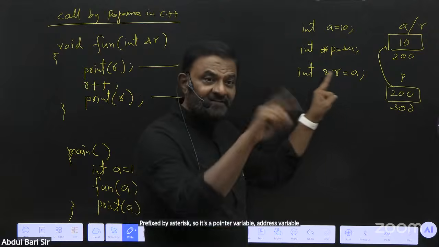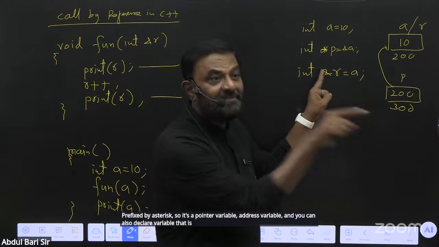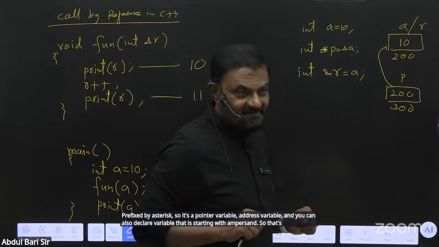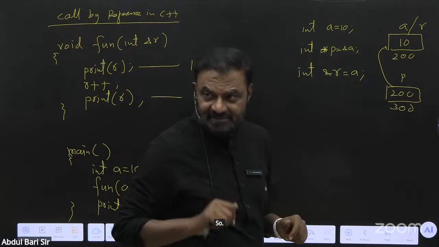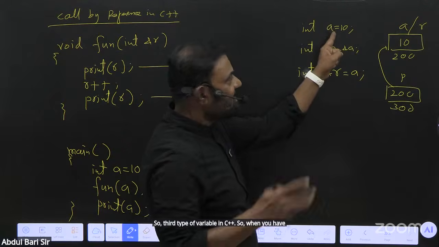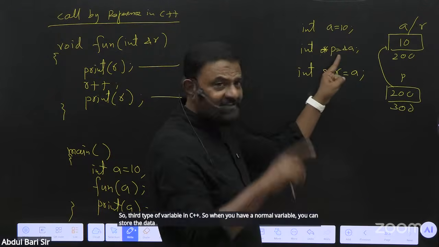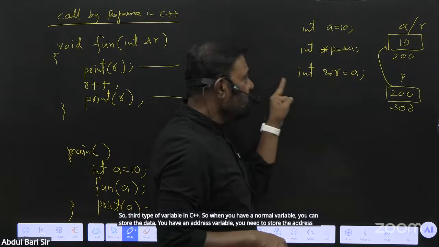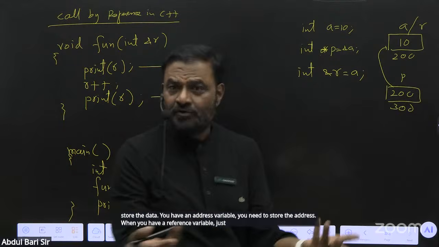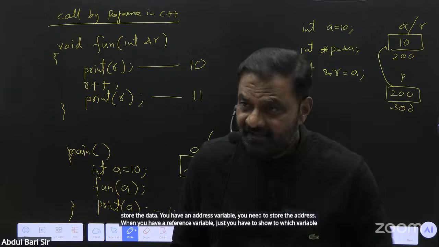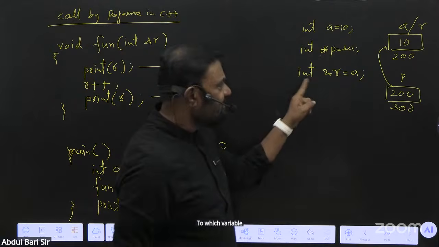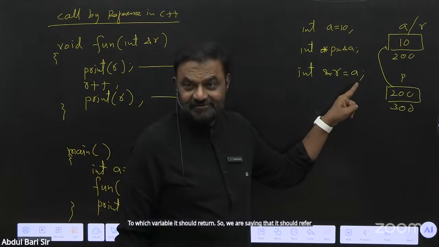And you can also declare a variable that starts with ampersand. So that's a reference variable, the third type of variable in C++. When you have a normal variable, you can store the data. With an address variable, you need to store the address. When you have a reference variable, you just have to show which variable it should refer to. So we are saying that it should refer to A.